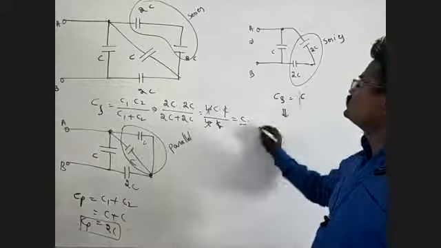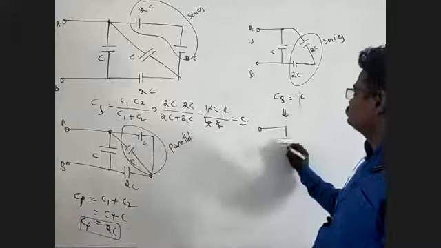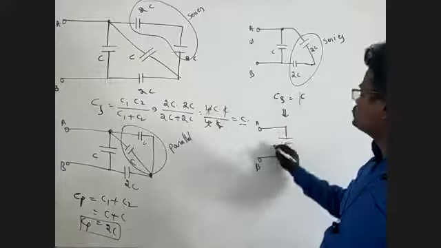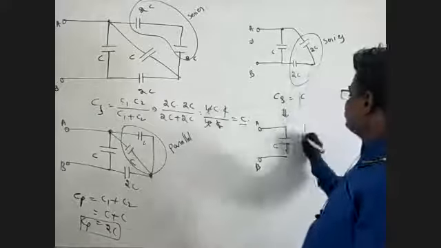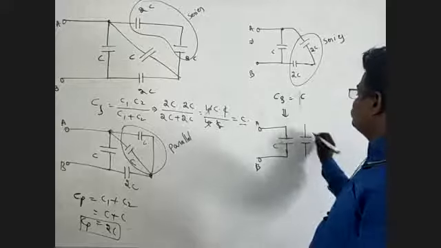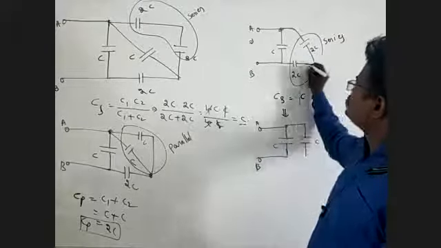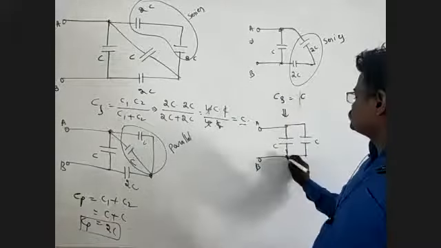Again, I am going to draw the circuit. This is the A point, this is the B point. These two combine to form a single capacitor, and that value is C. One end is connected here, the second end is connected here.